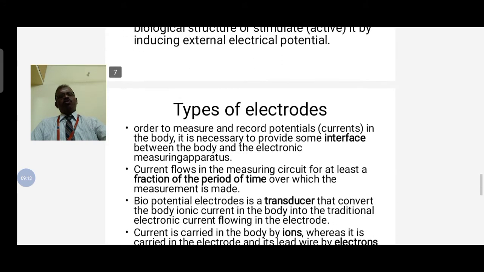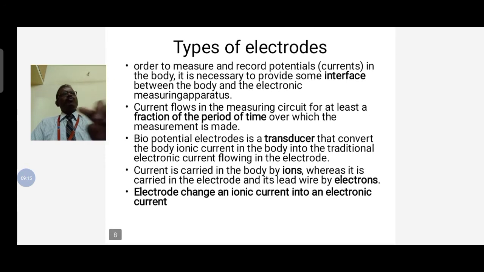Next one is some basics of electrodes, the basic function of electrodes. How to measure the current in the body?